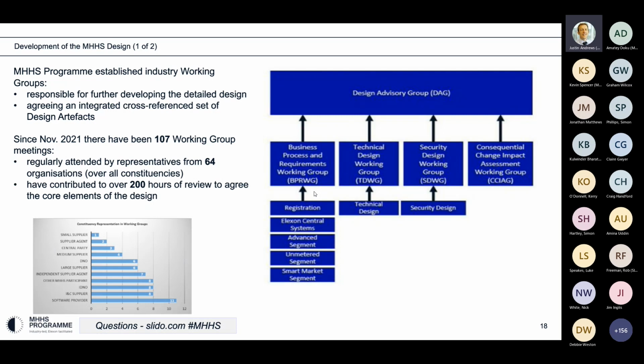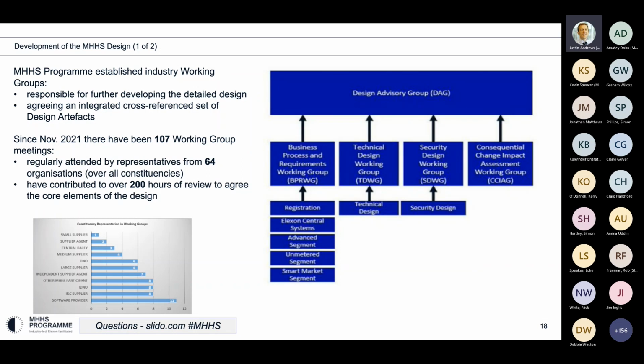To develop those design artifacts, that was broken down into a number of different work streams, from the registration requirements right through to the smart market segment. And we've had real good participation.